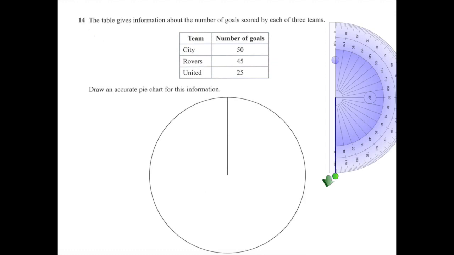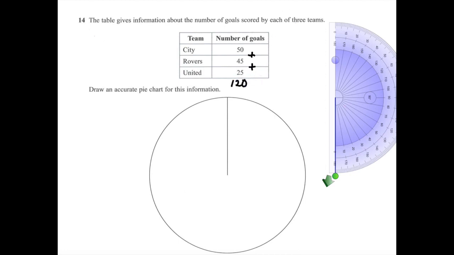Question 14. The table gives information about the number of goals scored by each of the 3 teams. City, 50 goals. Rovers, 45 goals. United, 25 goals. Draw an accurate pie chart for this information. So the first thing we need to do is to add up the number of goals scored by each team. So 50 plus 45 plus 25 equals 120 goals.